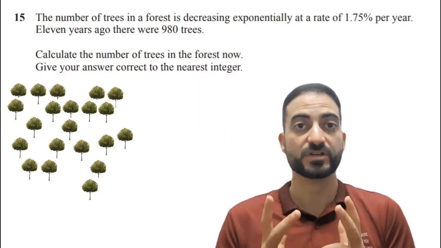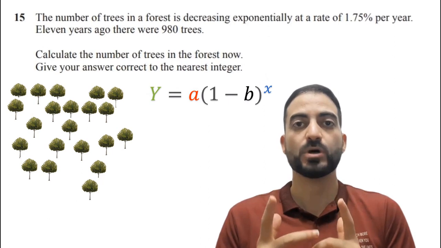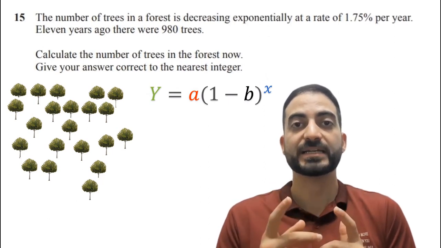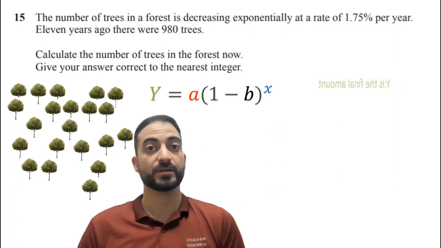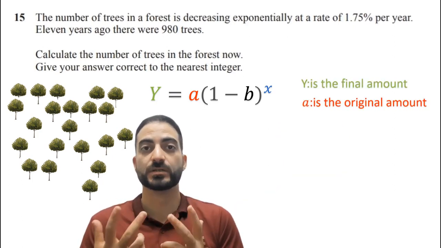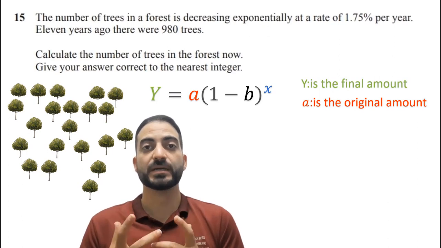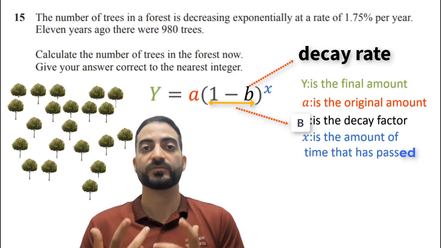For this type of question, we can use this rule, which is y equals a times (1 minus b) to the power x, wherein y is the final amount, a is the original amount, b is the decay factor, and x is the amount of time that has passed.